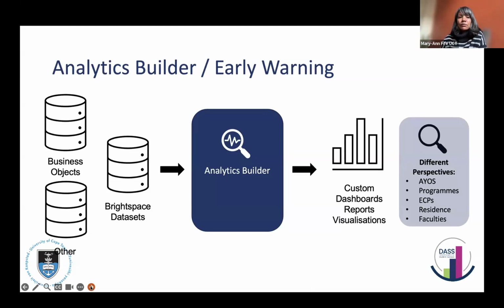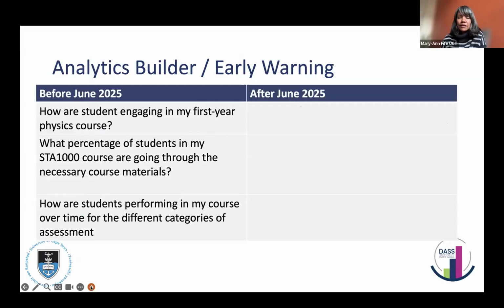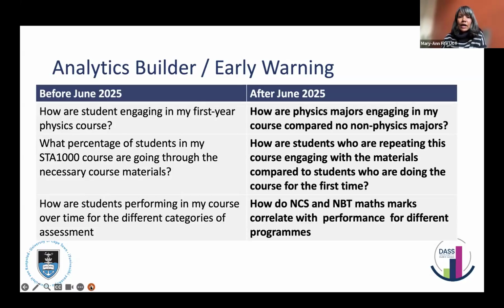And so that was the opportunity available to us when the science faculty came to us with this idea to develop an early warning system. But just very quickly, before I show you the dashboard, what Analytics Builder enabled us to do is, instead of asking questions like, how are students engaging in my first year physics course, we could ask questions like, how are physics majors engaging in my course compared to non-physics majors?